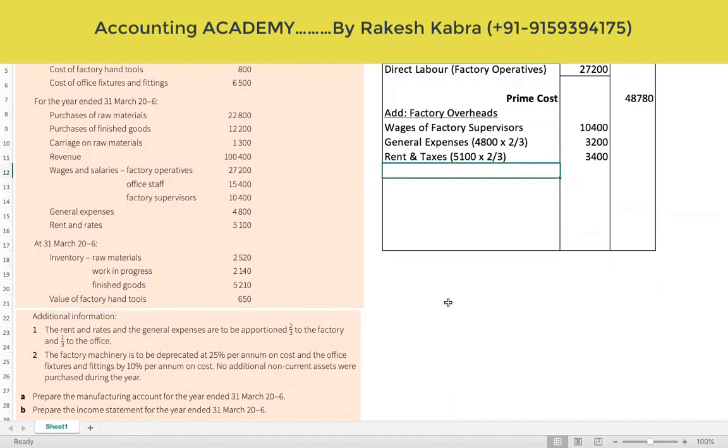Depreciation I have to take now. Factory machinery, how much do I need to depreciate? 25% per annum on cost. On cost means it is the straight line method, right? And depreciation is also part of the cost, so I need to include that.